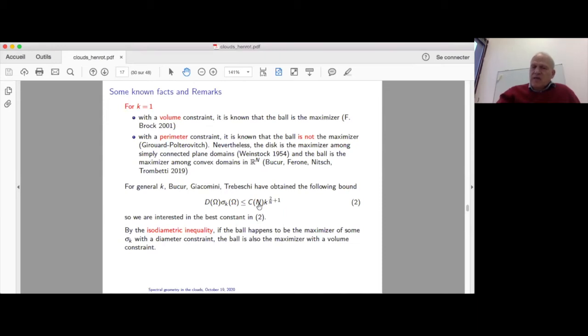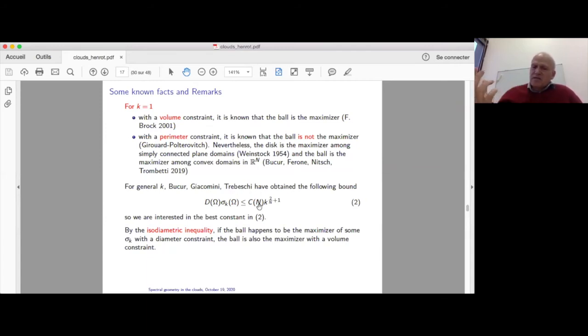Here, we are dealing with a maximization problem. So this is a reverse. If you can prove that the ball maximizes your eigenvalues, sigma 1 or sigma k, with the diameter constraint, it will imply that the ball is also the maximizer with a volume constraint, because it is a maximization problem. So the inequality goes in the reverse sense.